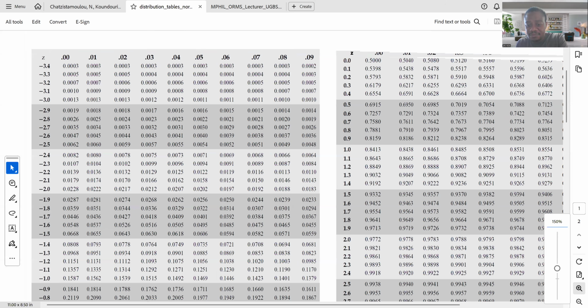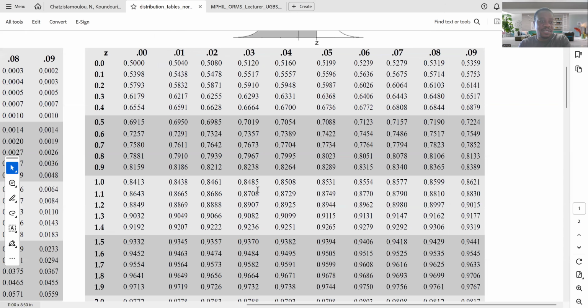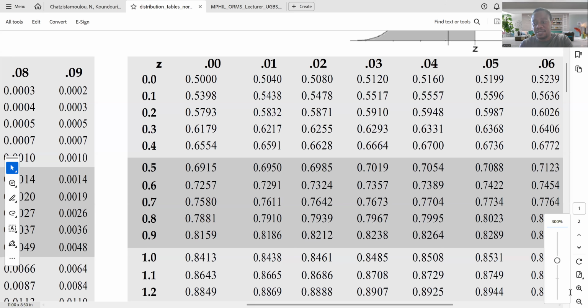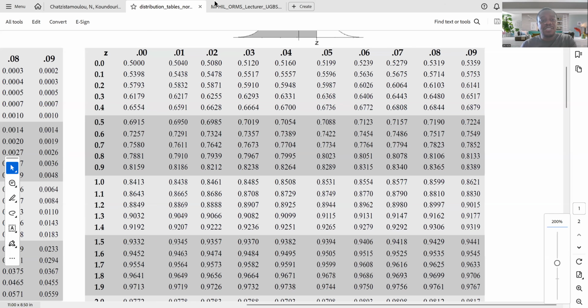Good. So there's the table. It should look bigger now. Oh, no, this one is too big. This is okay. So in this table, the Z is what you have on the far left here.